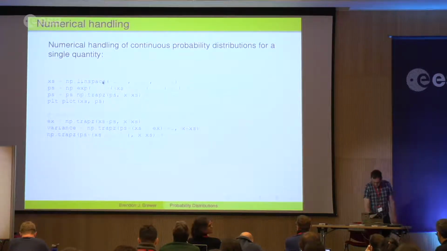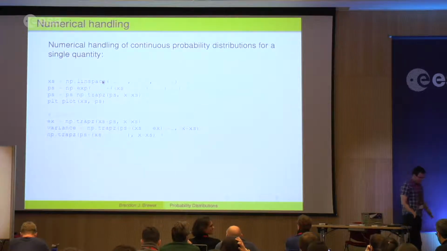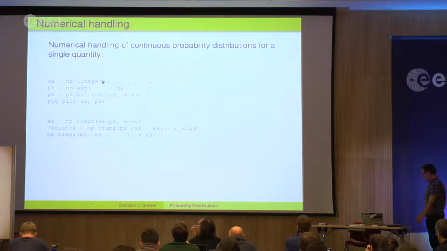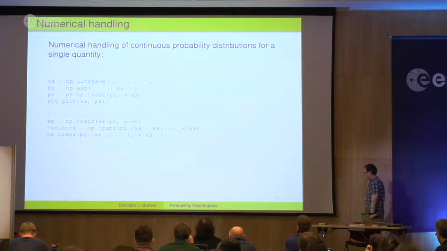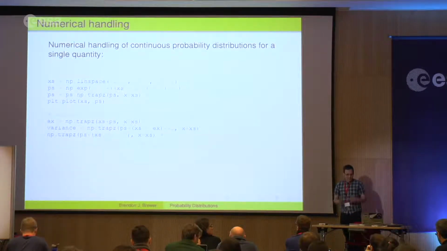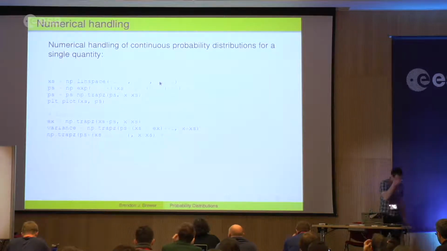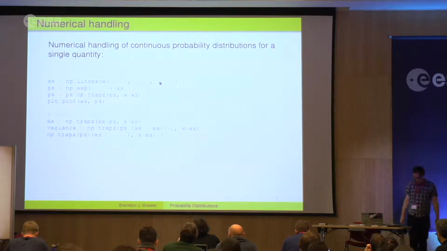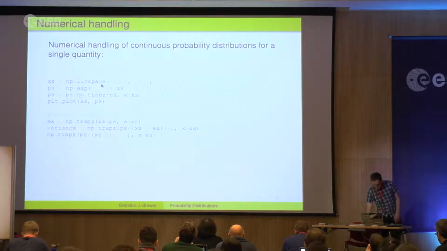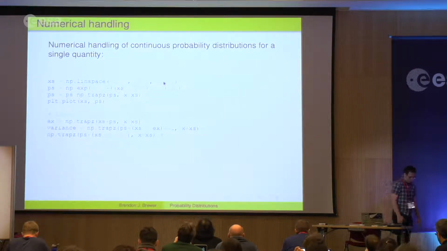So the first difference is that I'm using a linspace to make a grid of possibilities instead of using a range to make a set of integers. Here I'm making a set of floating points, and it's finite because you can't have a continuum in a computer. So I've just made a sample space that goes from -10 to 10 in steps of 0.01.